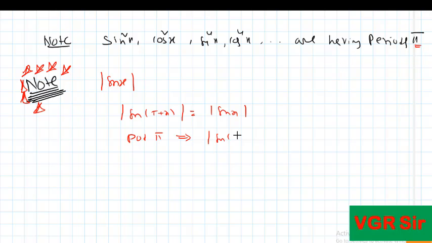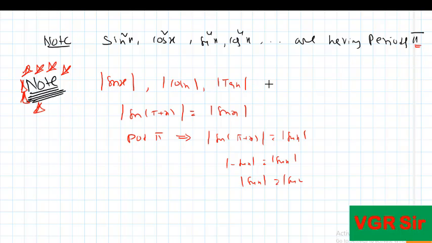So mod of sin of (pi plus x) equal to mod sin x. Sin of (pi plus x) is minus sin x, and mod of minus sin x equals mod sin x. The minus inside the mod is not a big problem. Mod sin x satisfies it, what is the meaning of that? Pi is its period.